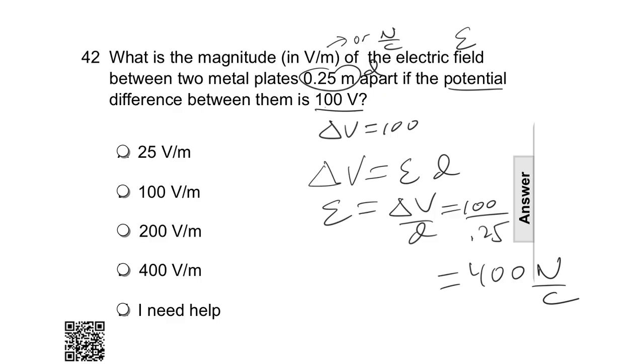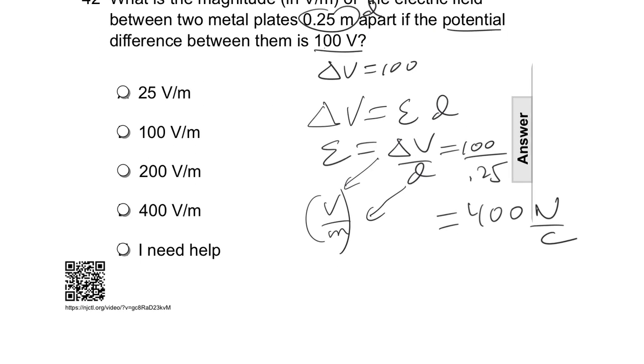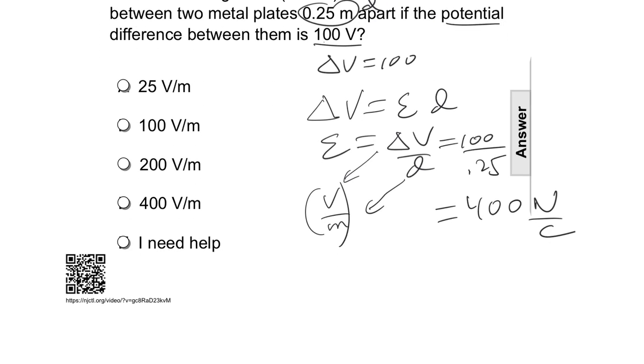But it's also volts per meter, right? Because that's volts and that's meters. So a volt per meter is the same thing as a newton per coulomb. Let's prove it. A volt is a joule per coulomb.